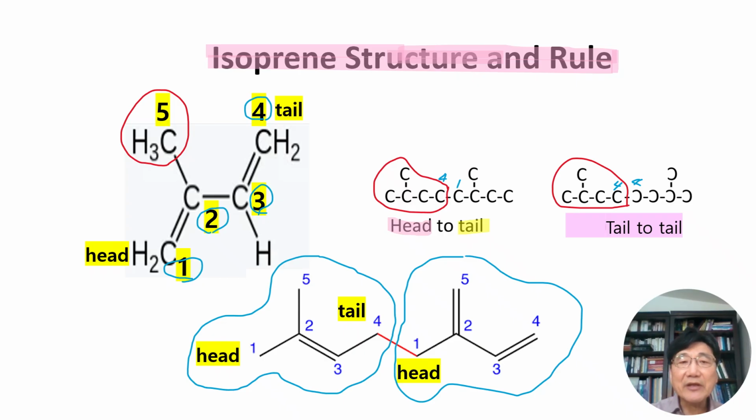In isoprene, the head and tail are determined by the placement of the double bond and the methyl group. Terpenoids are formed by joining 5-carbon units. They are condensed in a head-to-tail fashion, or sometimes head-to-head or tail-to-tail fashion as shown here.